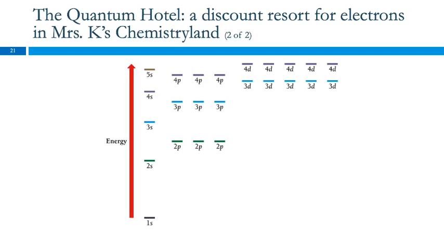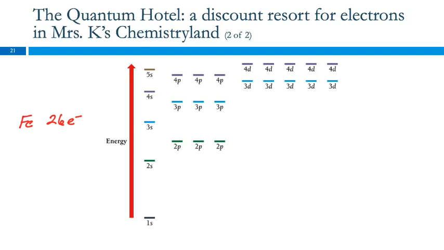Iron has 26 electrons. So we're just going to look at, well, what would happen if iron came here, 26 electrons? Maybe iron is a tour bus that comes in with 26 people, and we're going to dump them on the hotel, right? That's a new twist to the analogy just invented right now.